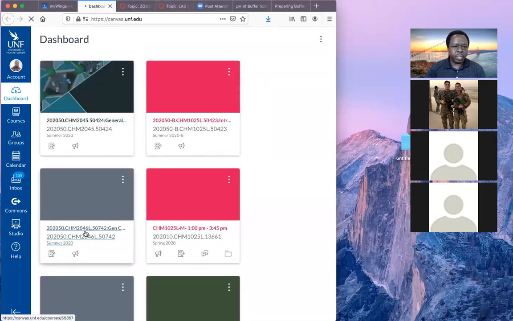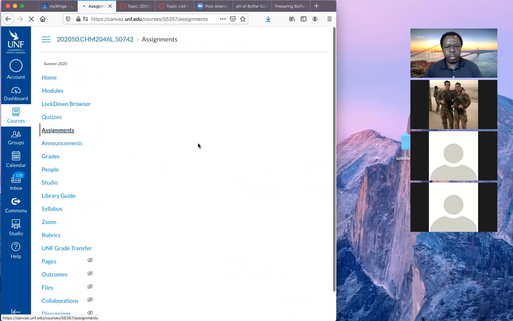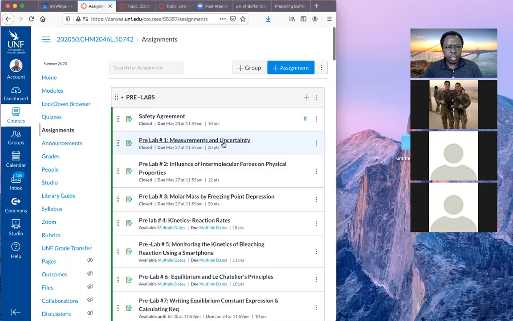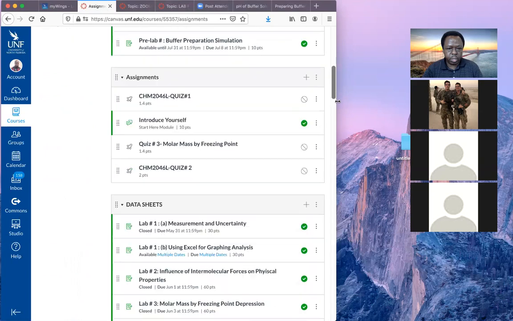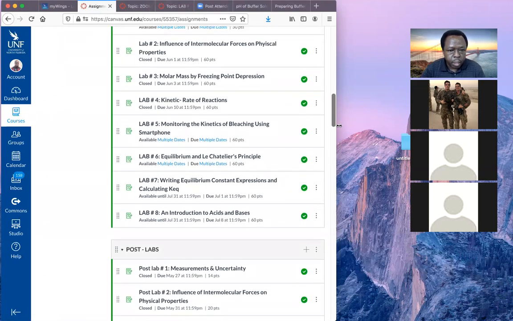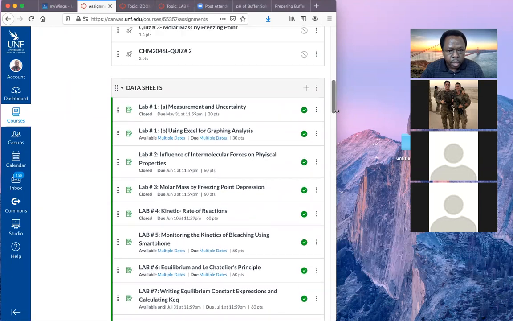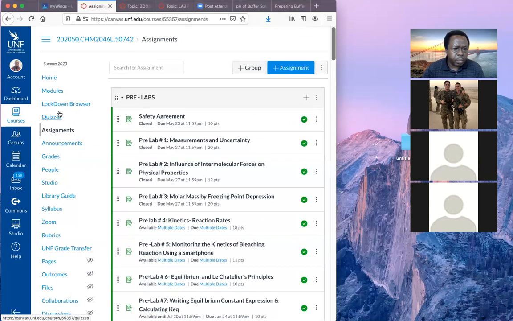If you go to the assignment and go all the way to the data sheet, this does not look the same on your end, but for my case, yeah, introduction, I need to post that. It's going to be posted. Maybe I put it on the assignment. I'm just going to post that in a minute. All right, with the targeted values. Thank you. I'll just give you that data sheet.